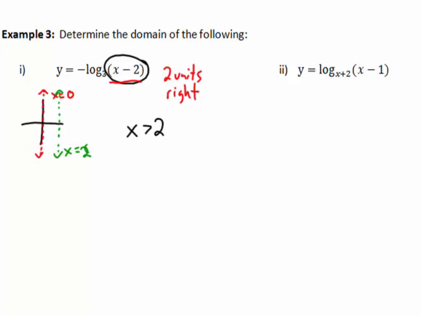Now we can do it pictorially using a picture, but there's an even easier way. When we have a logarithm, whatever's in the brackets must be greater than 0. So we could just take that argument, set it greater than 0, solve for x, and we'll get the exact same answer.